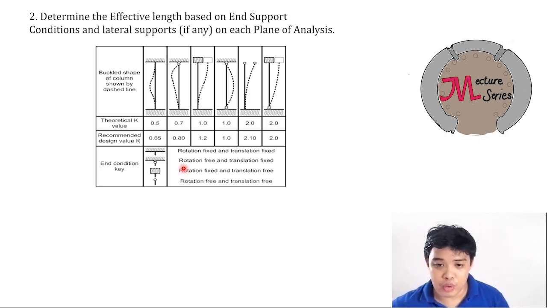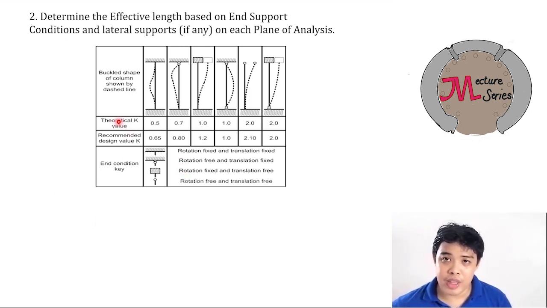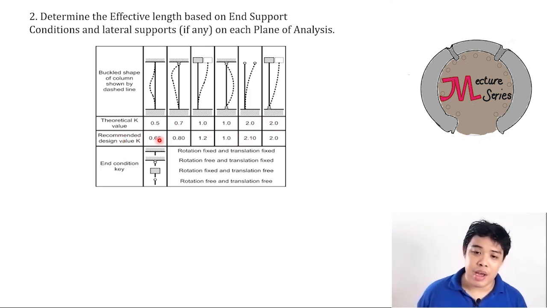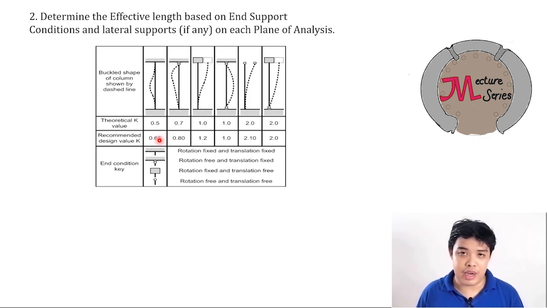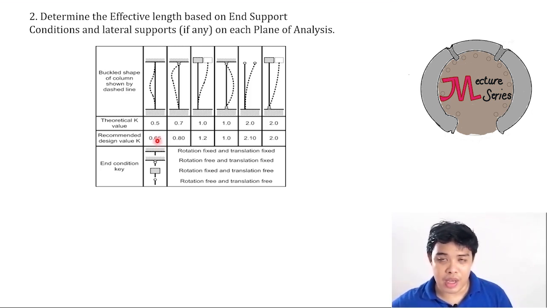Basically, you have two values. You have the theoretical K value and you have the recommended design value. We have a recommended design value because in reality, we cannot create perfect or ideal support conditions. Say, for example, in real life, we cannot create a perfectly fixed support. That's why the value of K is adjusted to 0.65.